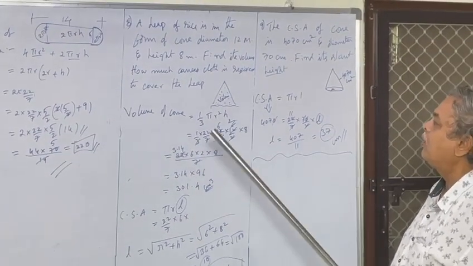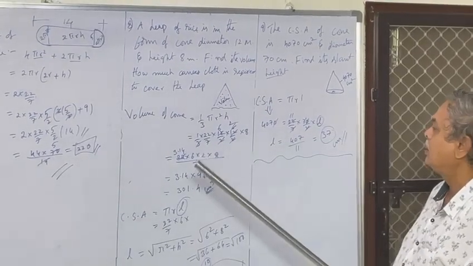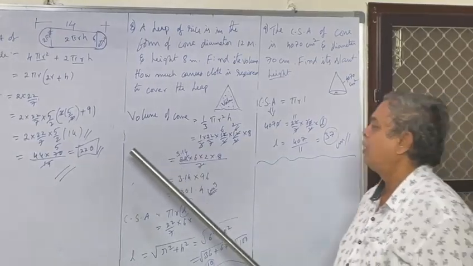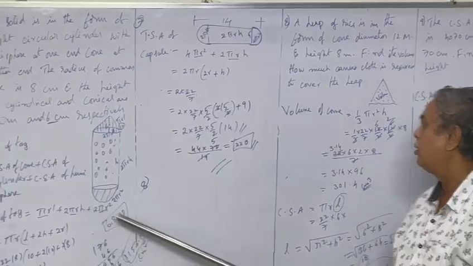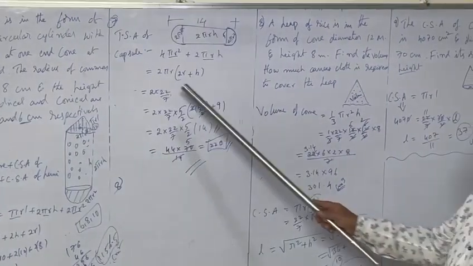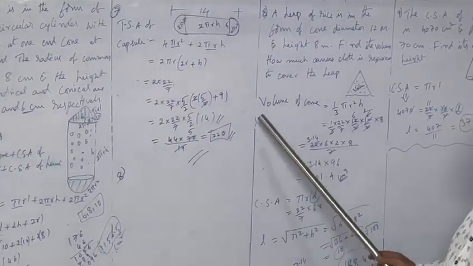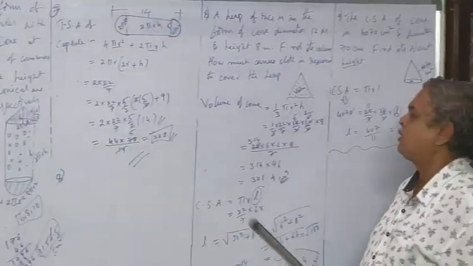I have explained in an easy way by taking common factors, for the purpose of you learning easily. Here also I have taken pi r, here also 2 pi r, and here also pi r. You must learn by using a common rule for these mensuration problems.